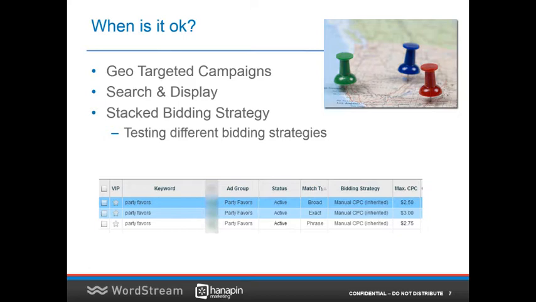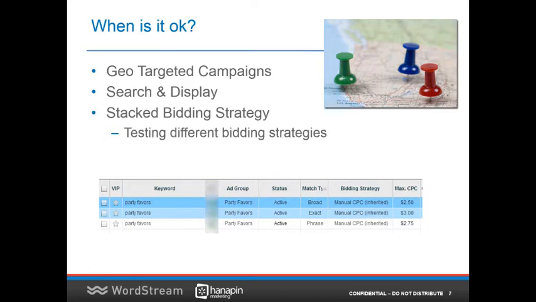You want to bid a little bit more aggressively on exact, because exact match keywords tend to be more competitive and a bit more expensive than phrase or broad. Using this strategy will ensure you're not competing with yourself. If you look at this example here, we have party favors on a broad, exact, and phrase. We're bidding $2.50 for the broad match keyword, $2.75 for the phrase, and then $3 for the exact.